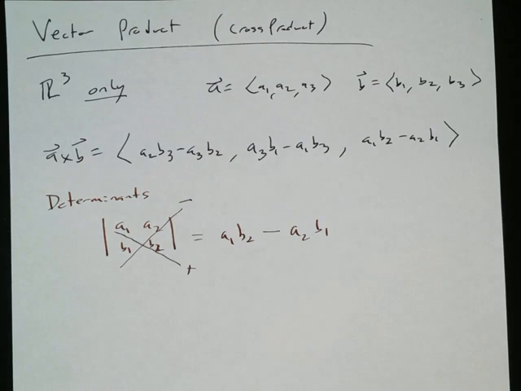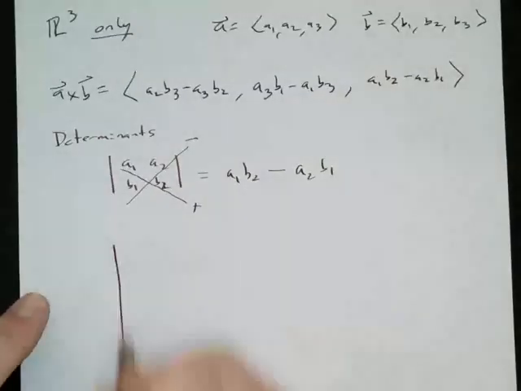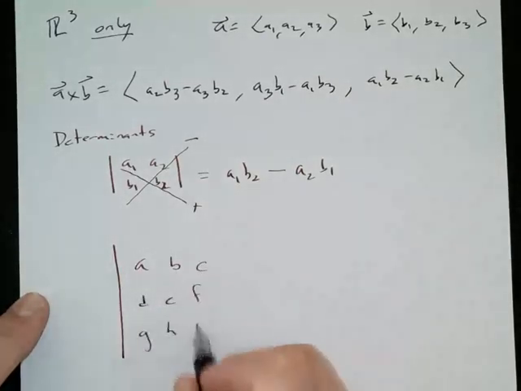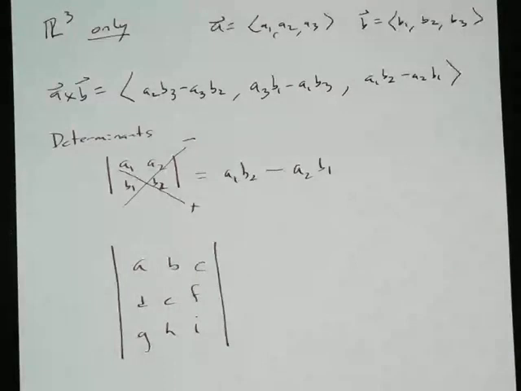To do a 3 by 3 array, I really need to do 3 2 by 2s. And this is a method of finding the right sub-pieces in here. Technically, this is called an expansion by cofactors and minors.